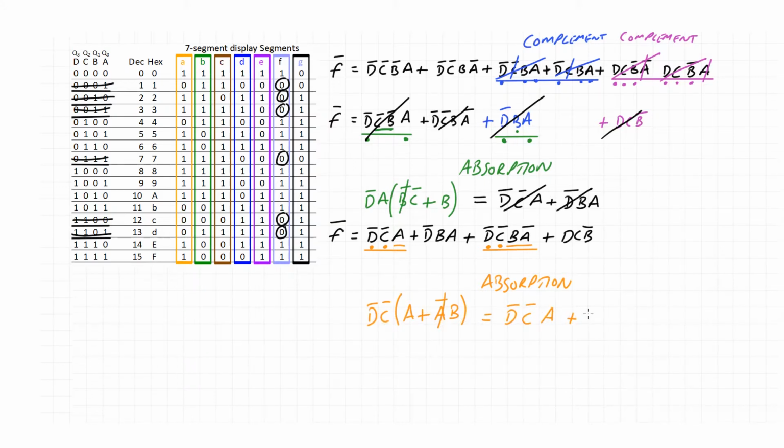Or not D, not C, B. And then regroup: not D, not C, A, or not D, not C, B, or not D, B, A, or D, C, not B. And that is the minimized expression for segment not F. Put it through a NOR gate, it gives us segment F.